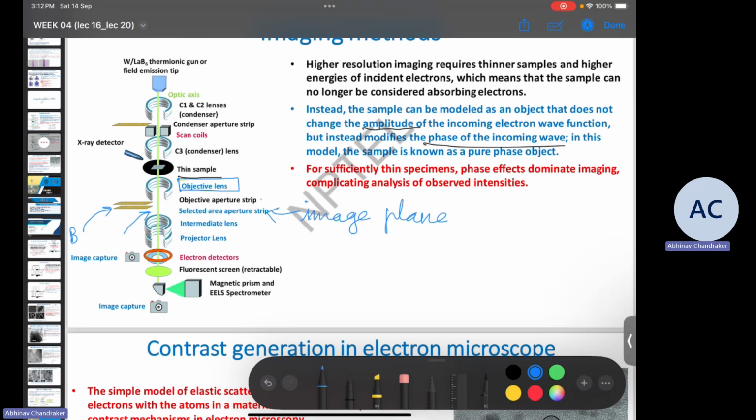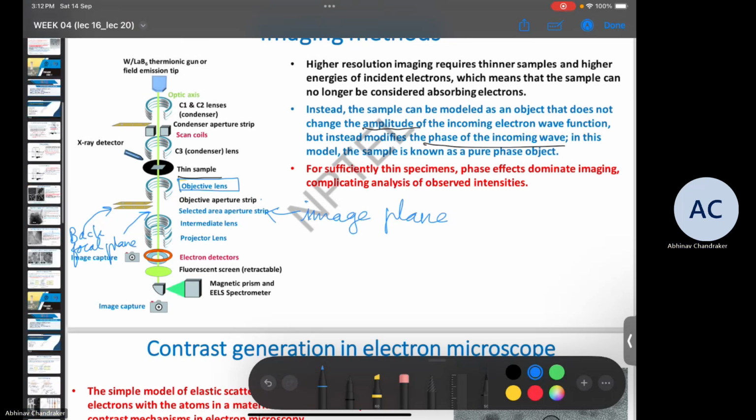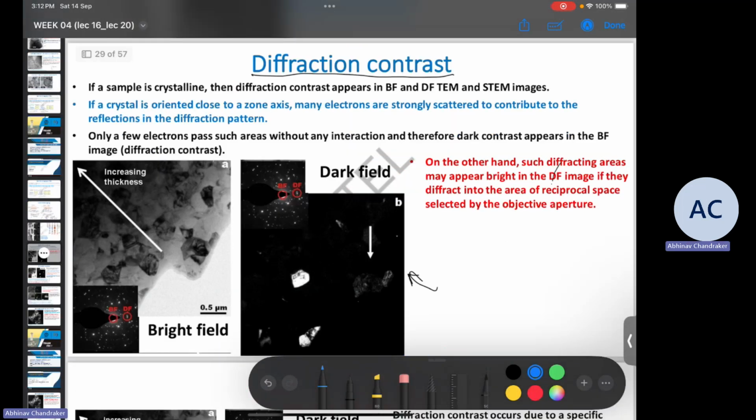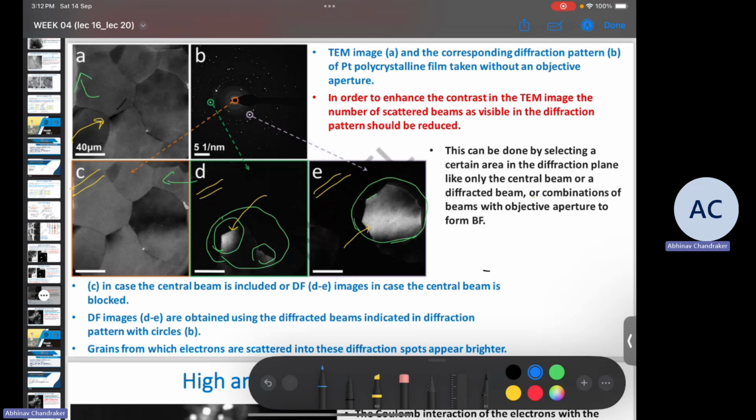So this is the back focal plane, and in this diffraction mode, we'll be able to see a picture which will be similar to what we could see here in B. So we'll be able to see diffraction spots of this kind due to diffraction occurring when the incident beam of electrons is going through the material.